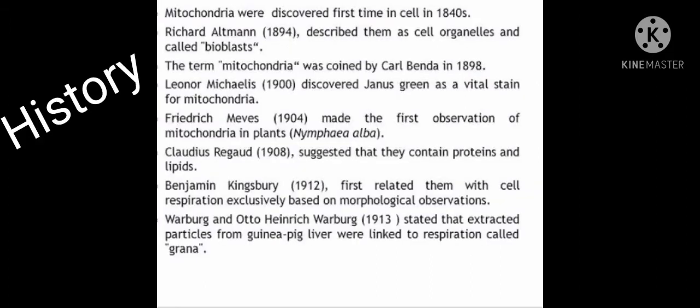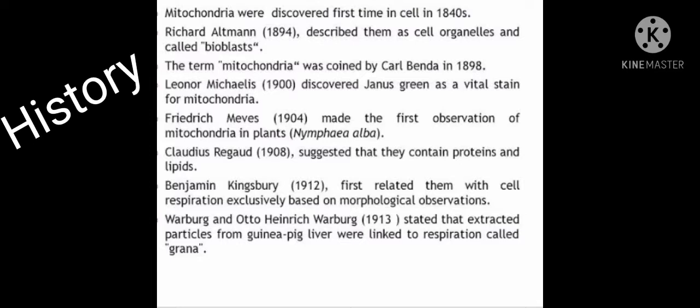Now see the history regarding the mitochondria. Mitochondria were discovered for the first time in the cell in the 1840s. Richard Altman in 1894 described them as cell organelles and called them bioblasts. The term mitochondria was coined by Carl Benda in 1898.